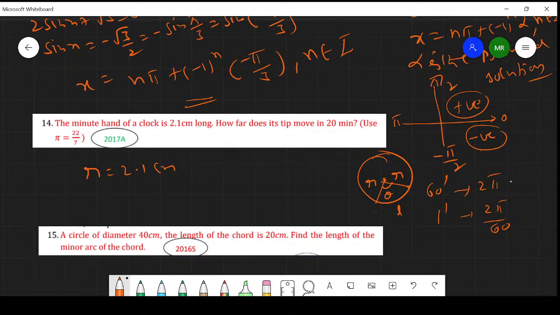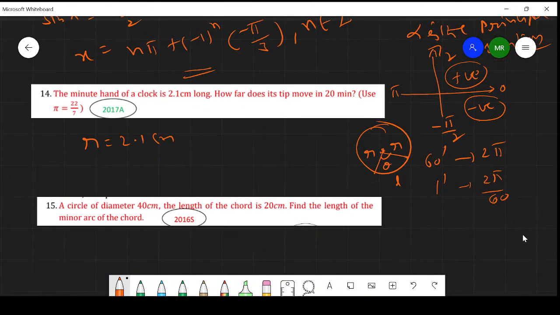This angle made by the minute hand in 1 minute is 2 pi by 60 radians. In 20 minutes, they are asking, it is 20 into 2 pi by 60.